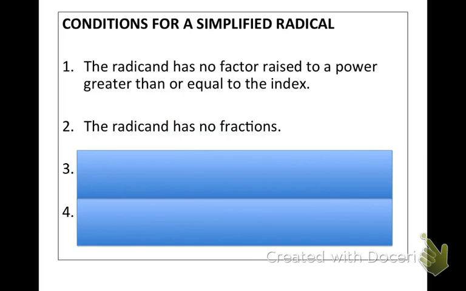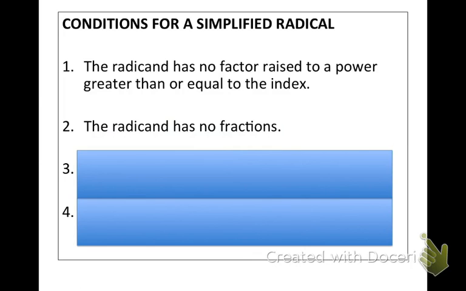So if we have a fraction underneath our radical sign, we need to be able to separate it using our quotient rule and think about taking just the radical of the numerator and the radical of the denominator individually. So when we had the square root of 7 over 36, we get the square root of 7 over 6. So now my radicand up here is only a 7, so that's no longer a fraction anymore. And now I got rid of the radical completely in the denominator.